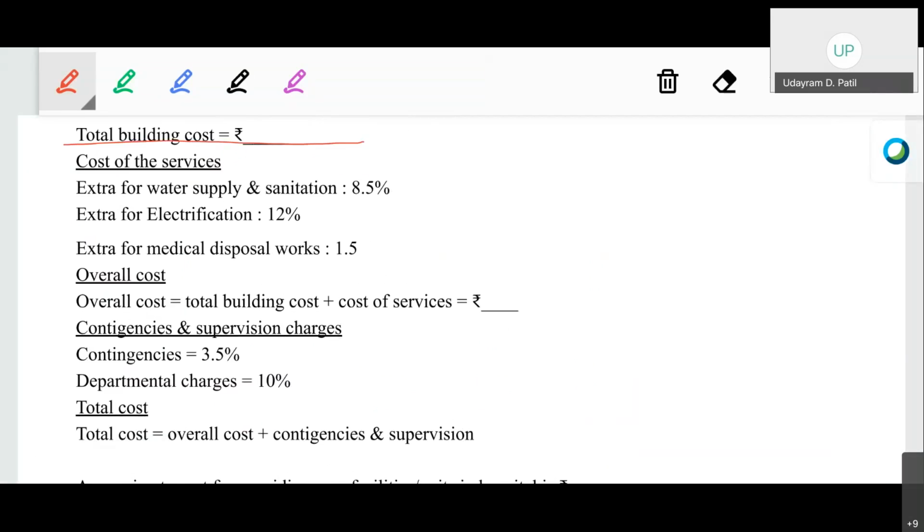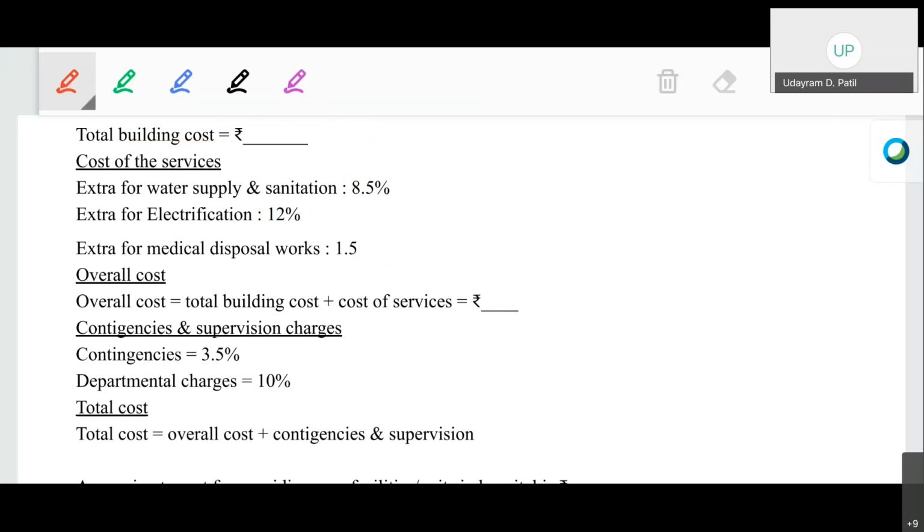OK, or the proposed units, that will give us a total building cost, and the cost of the services will be taken on that particular total building cost. OK, so 8.5% of the total building cost, 12% of the total building cost, and 1.5% of the total building cost.